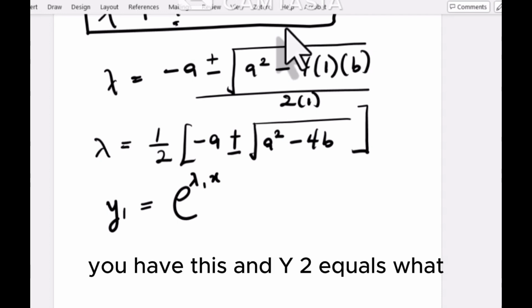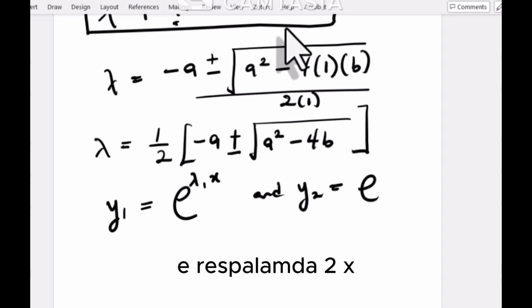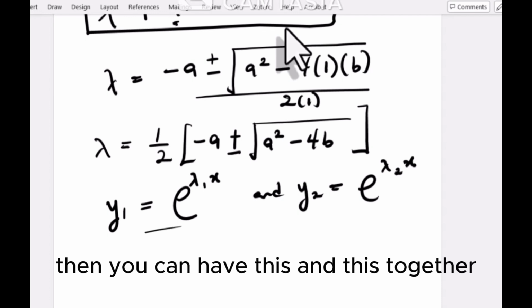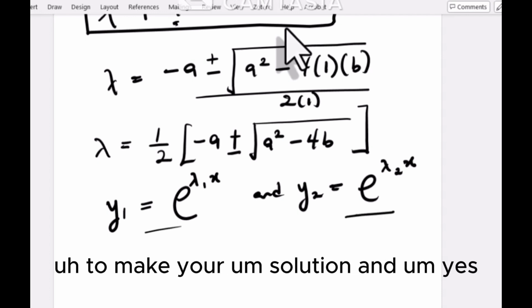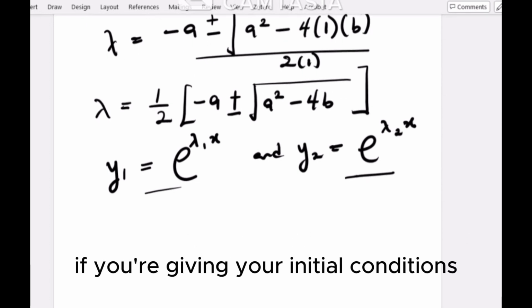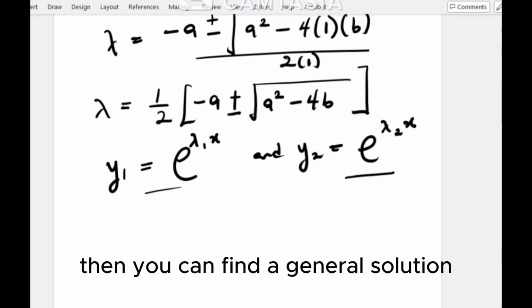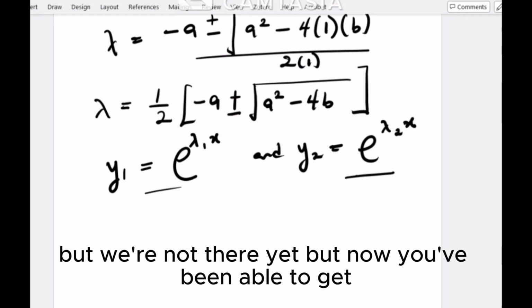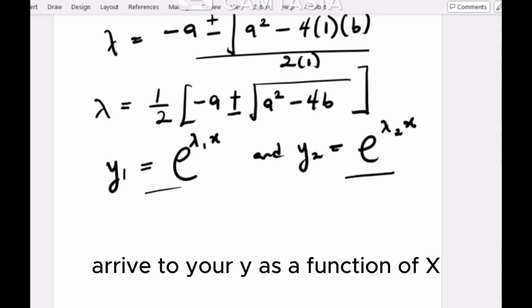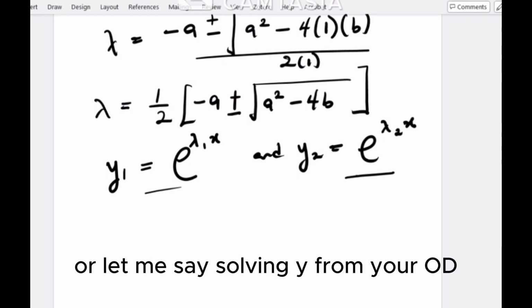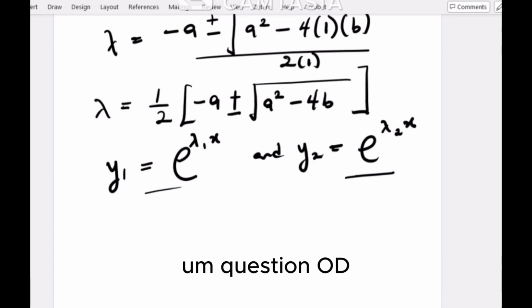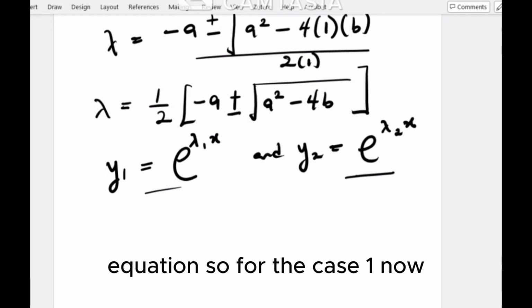And y2 equals e raised to lambda 2 x. Then you can add these together, and this will make your solution. From there, if you're given initial conditions or boundary conditions, then you can find the particular solution, but we're not there yet. But now you've been able to arrive at y as a function of x, solving y from your ODE.